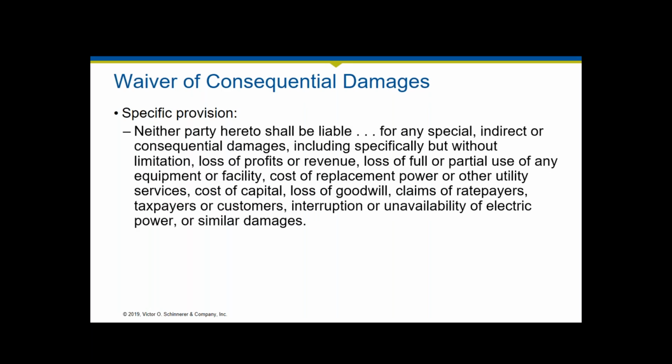This comes from an engineering contract related to an electric utility, and it goes on to exactly spell out what those provisions are that are agreed to be consequential. It specifically says these types of losses are waived.